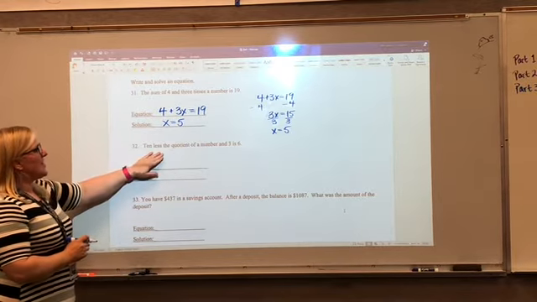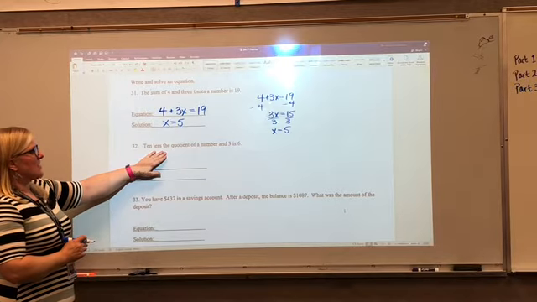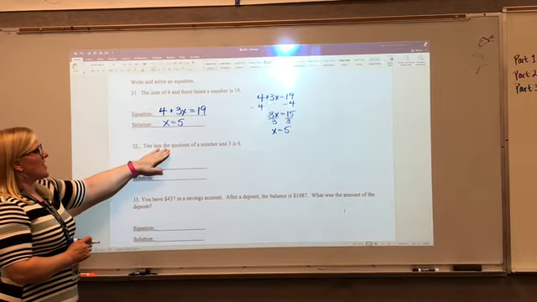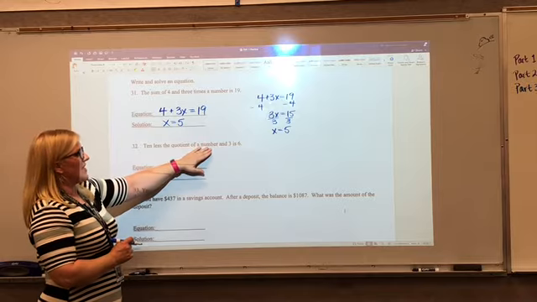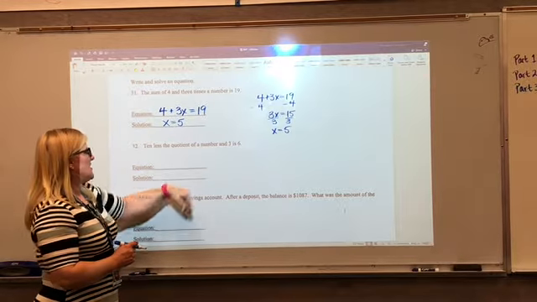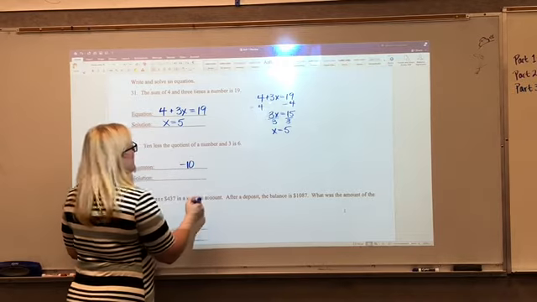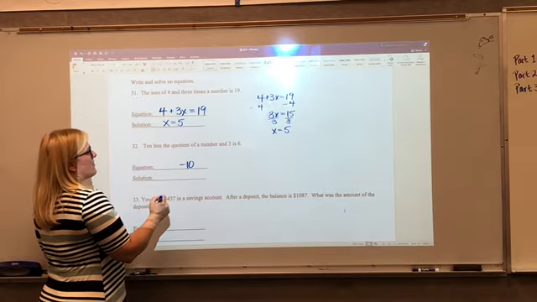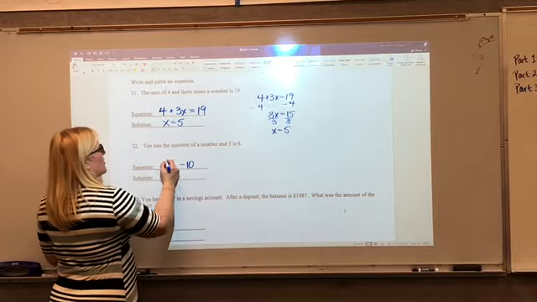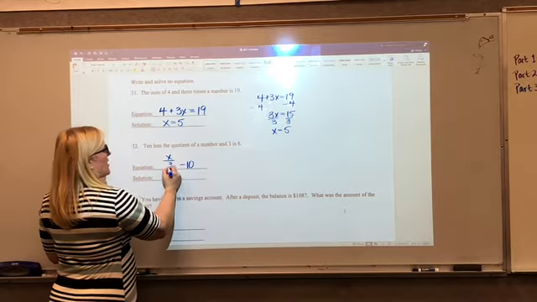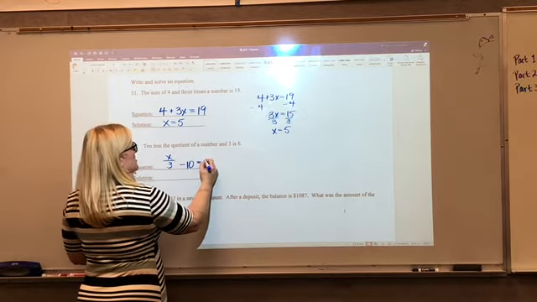Okay, 10 less, this should say than the quotient. 10 less than the quotient of a number and 3 is 6. So we've got 10 less, the quotient of a number and 3 is 6.